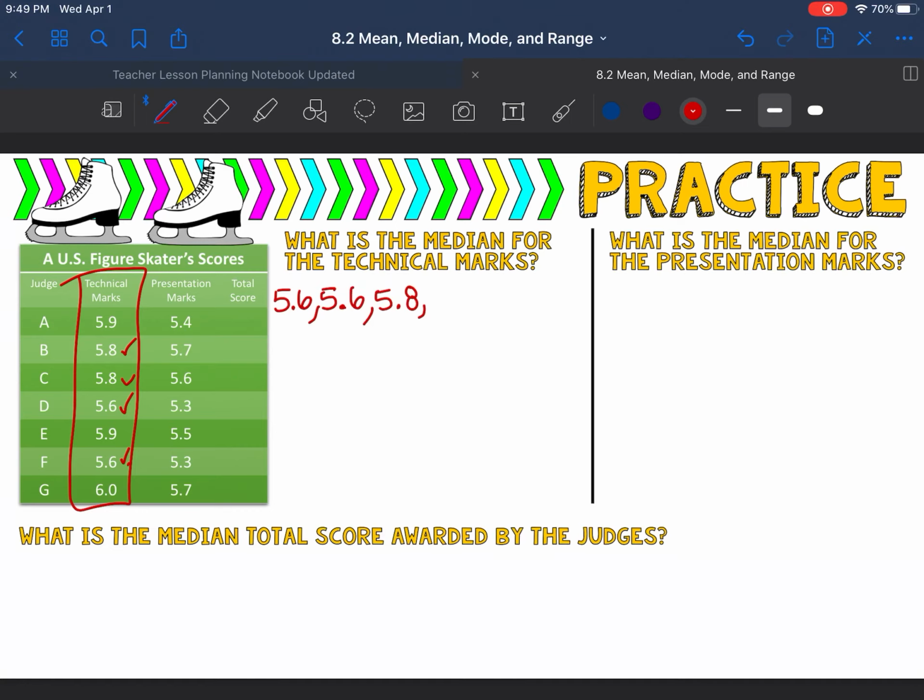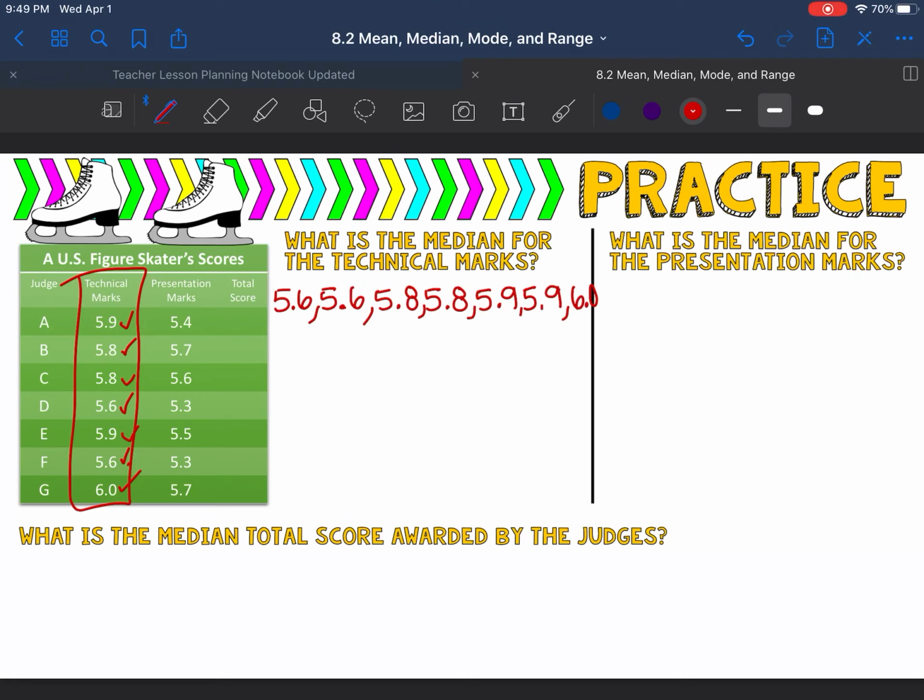Any more 5.8s? I do another one. Any 5.9s? Yes. Any more 5.9s? I got another one there. And any more? Nope. So that leaves me with my last number, 6.0.